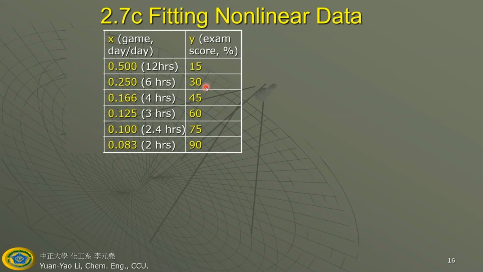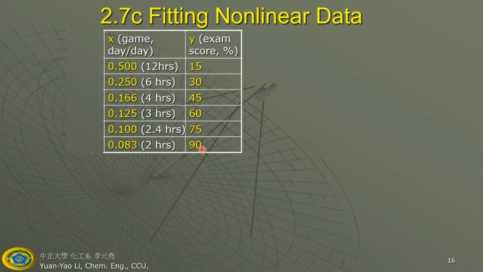So you say, well, let me reduce to 4 hours. Can you do that? Of course you won't. If you can, the score does not satisfy you. You still fail. So the maximum is if you play 3 hours. Okay, that will be 0.125 days per day. You pass. Okay, if you play 2.4 hours, you got a score of 75. If you only play 2 hours, you got a score of 90.